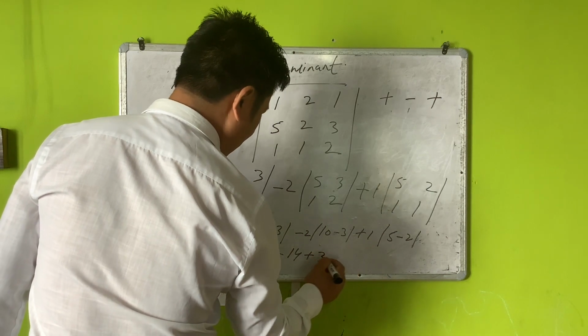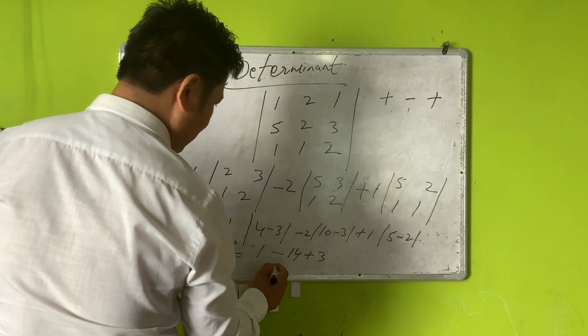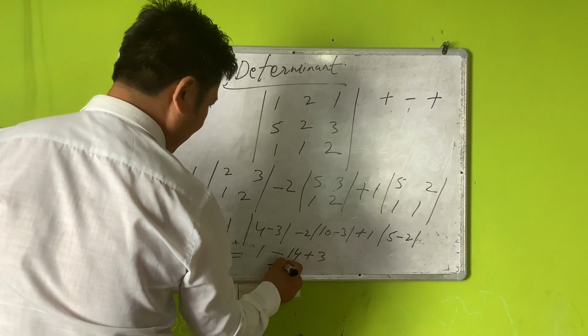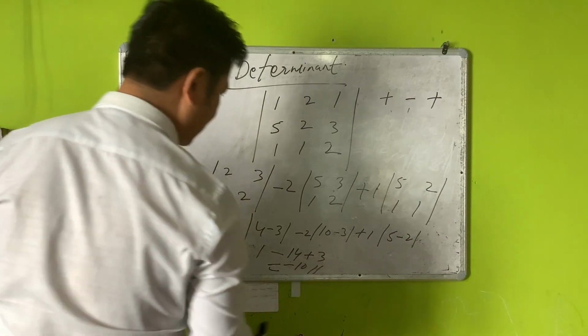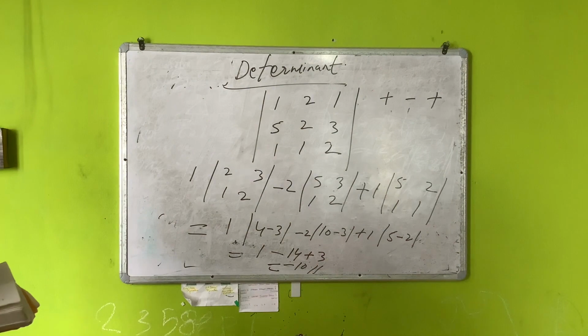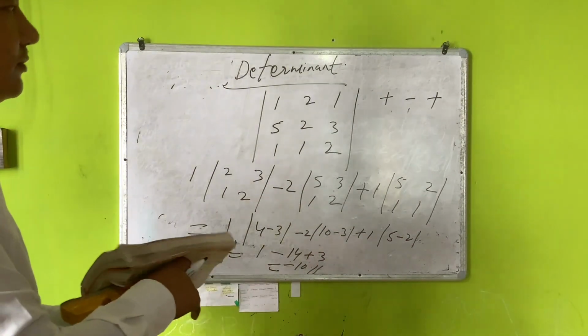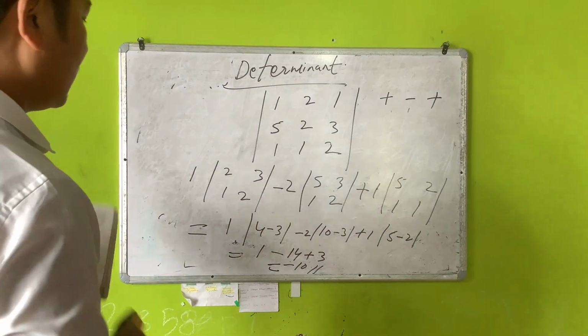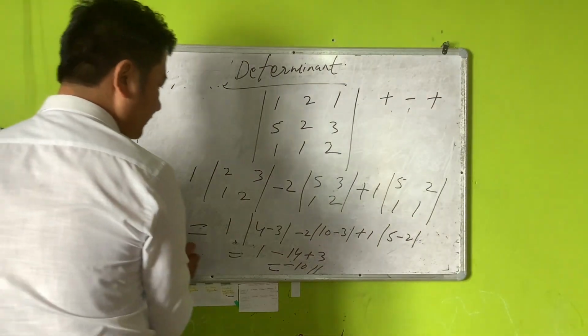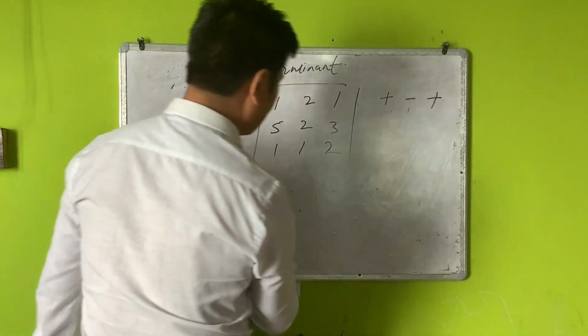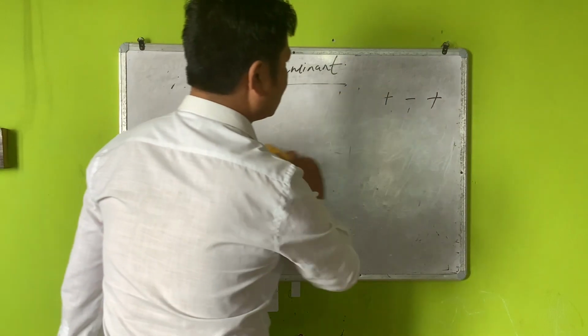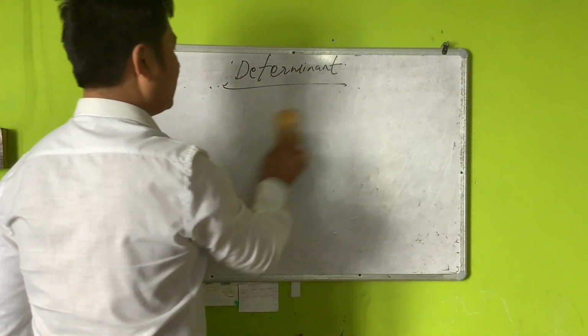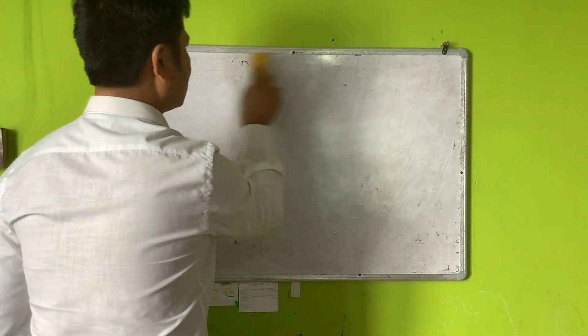So it will be how much? 4 minus 10. Minus 10 is your determinant, right? Minus 10 is your determinant. So this is how you are solving a determinant. Okay, so this particular concept we will be using while solving the important topic called A inverse.